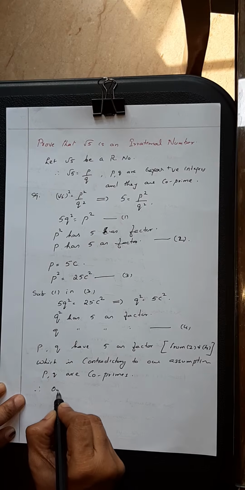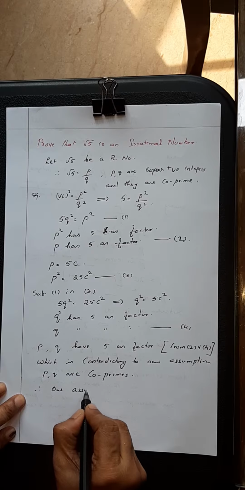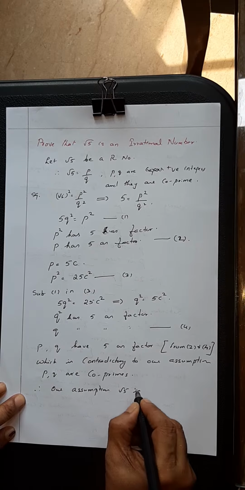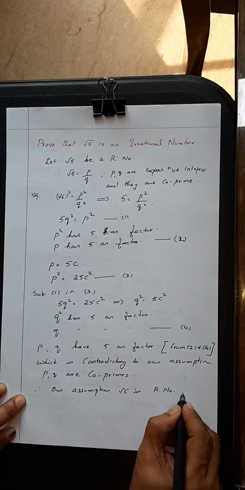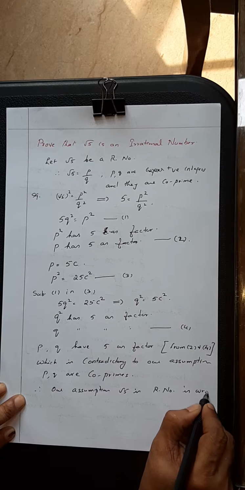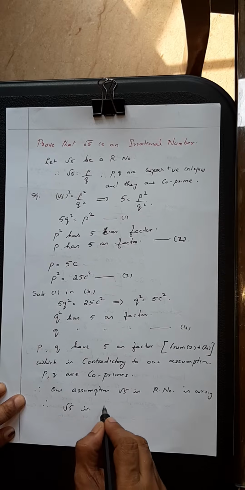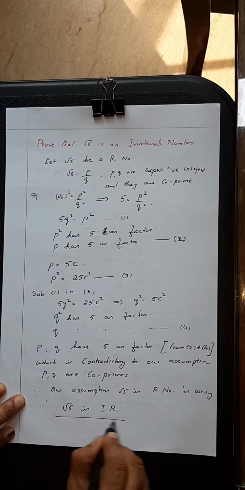Therefore, our assumption that root 5 is a rational number is wrong. Therefore, root 5 is an irrational number.